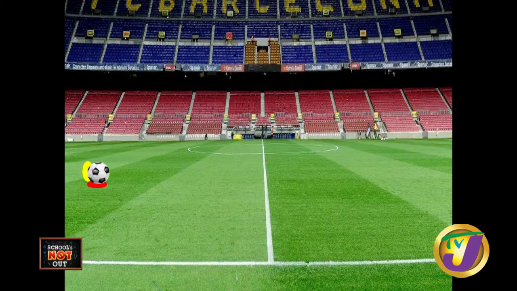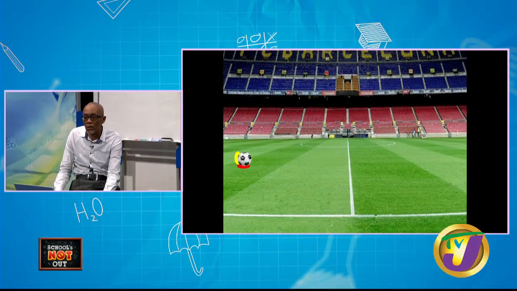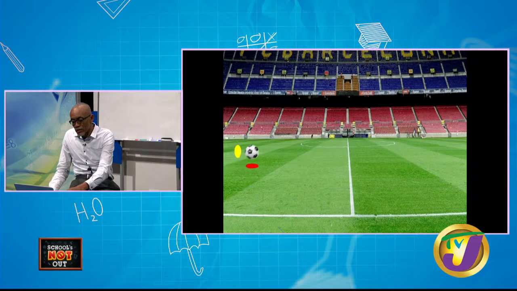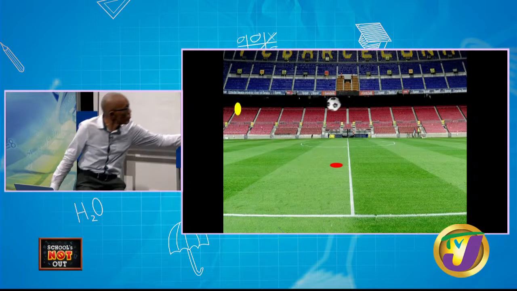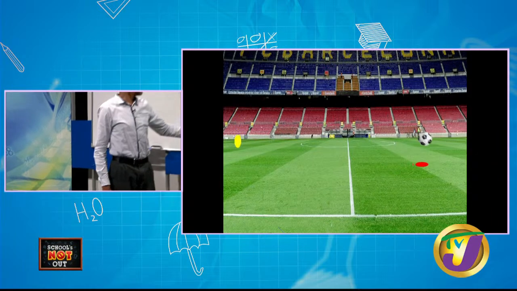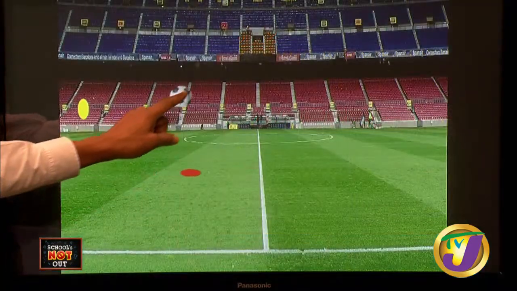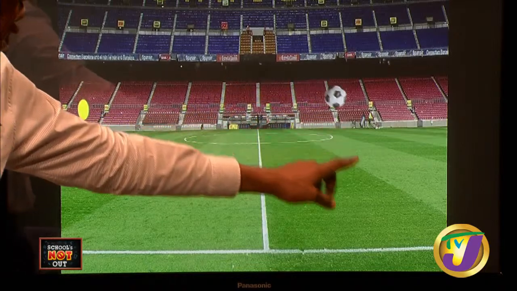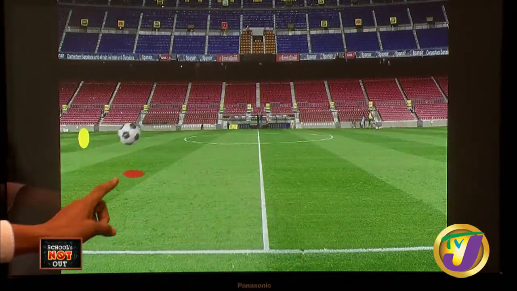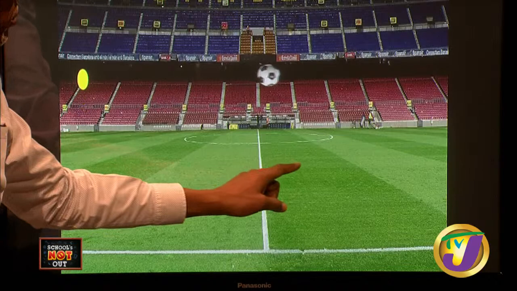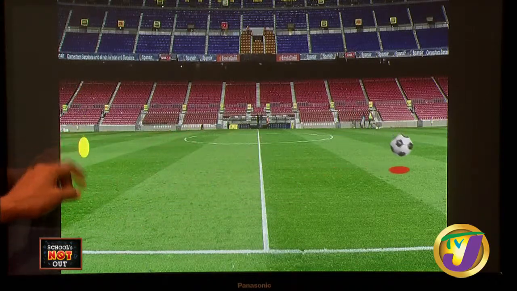Okay, so here we have a football, and if this football is kicked, you notice that the football itself is going in a parabolic path. But I want you to take note of the red dot and the yellow dot.